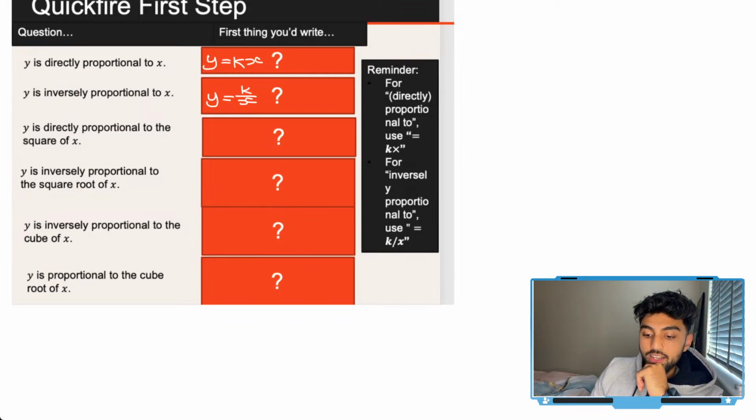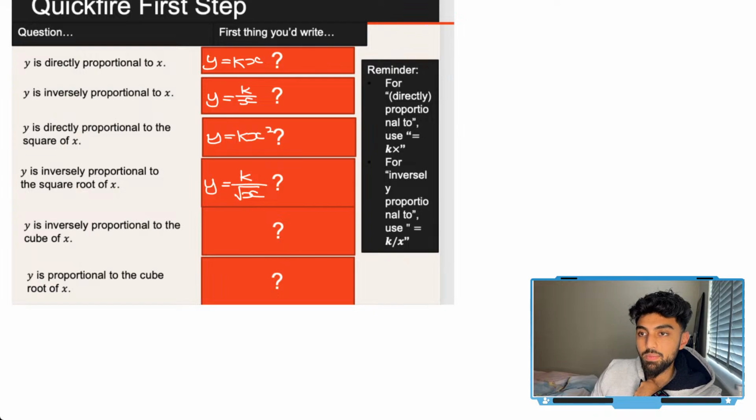Y is directly proportional to the square of x. We have y is equal to kx squared, I believe. And then we have y is inversely proportional to the square root of x. Like so. Hope you got that.